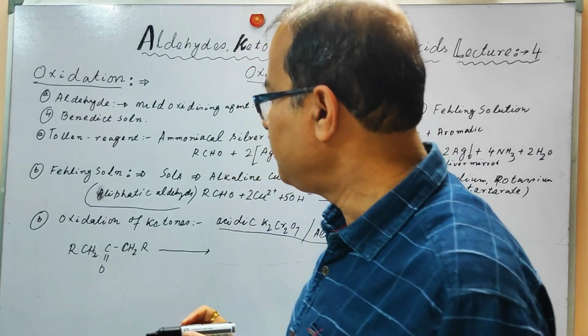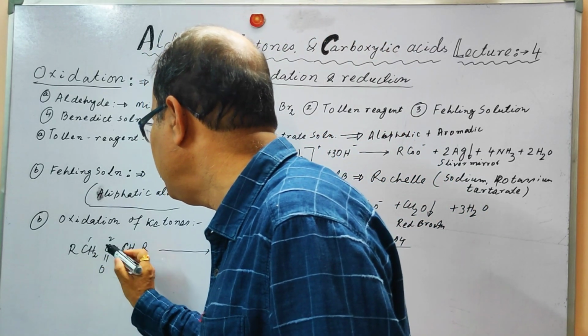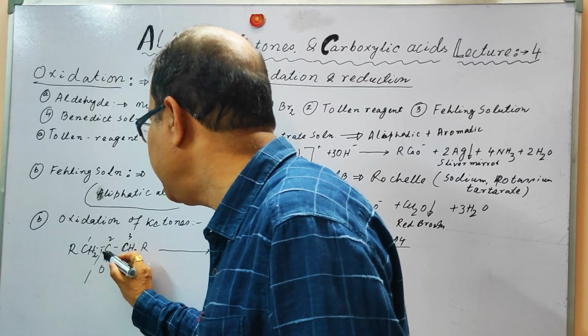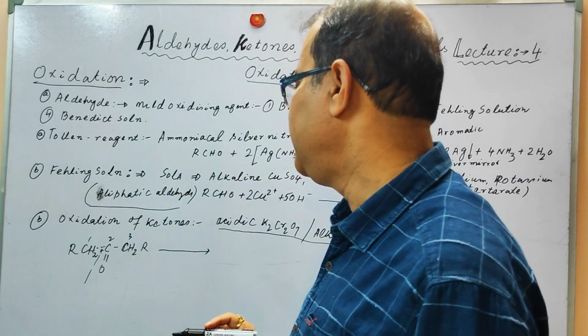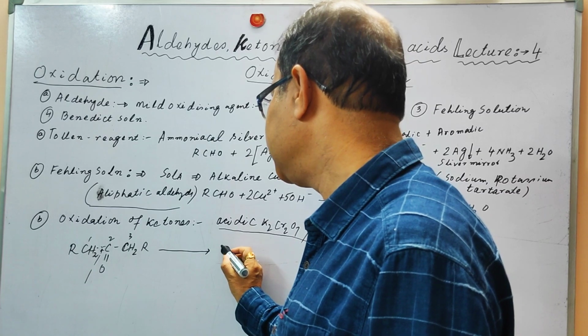Now here breaking of the bonds can happen. Suppose it is carbon number 1, 2 and 3. When there is a breaking in this 1 and 2 position, which type of carboxylic acid will be produced? Let us understand.